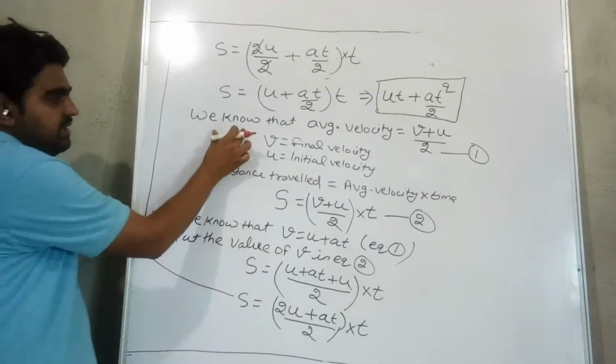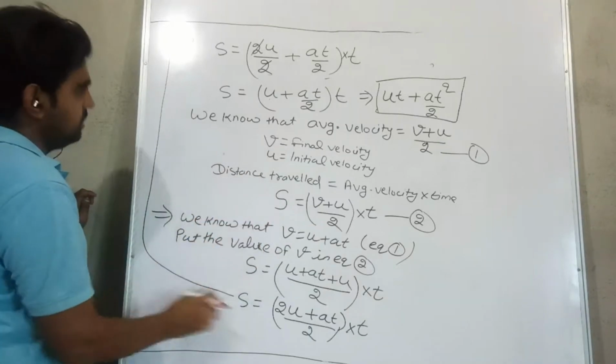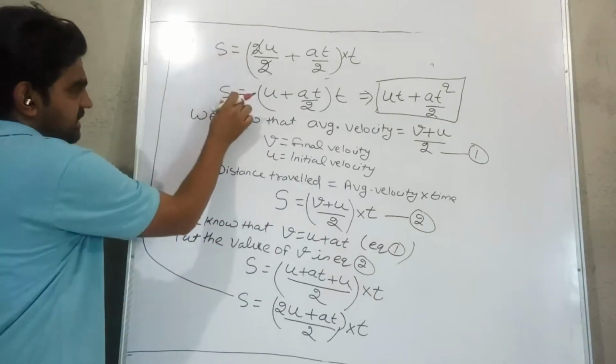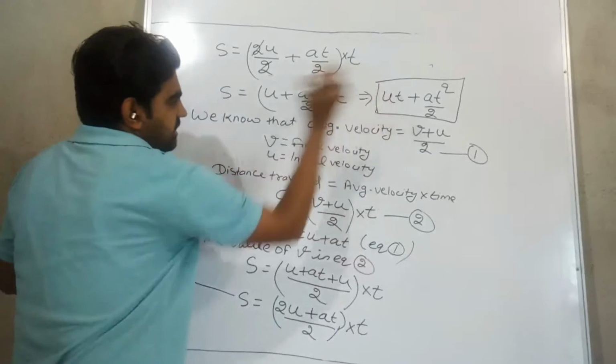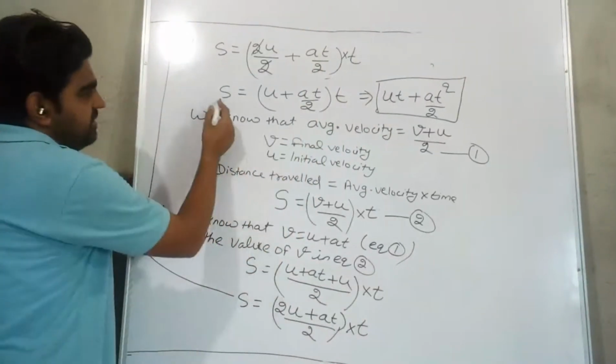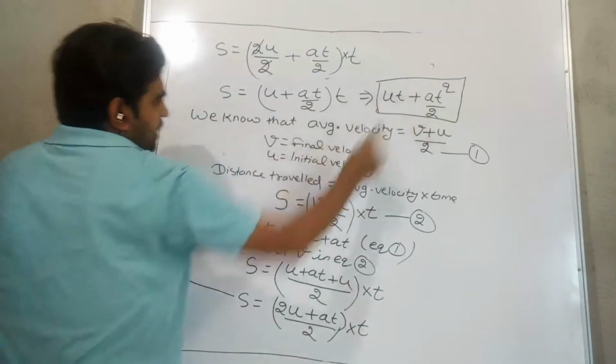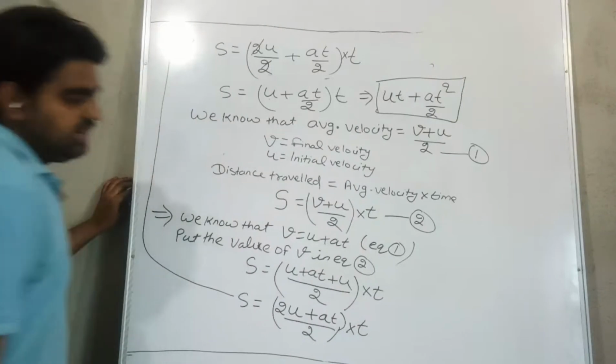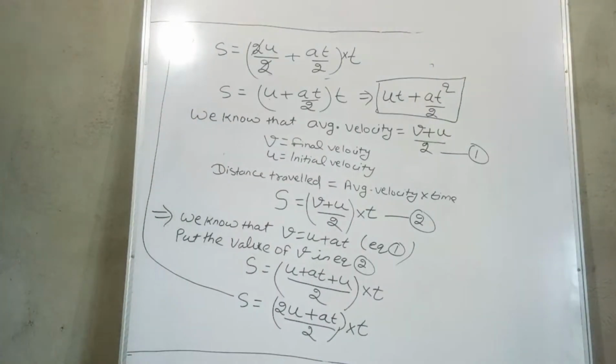First this step, then this one, after that this. The final equation is s equals ut plus half at square.